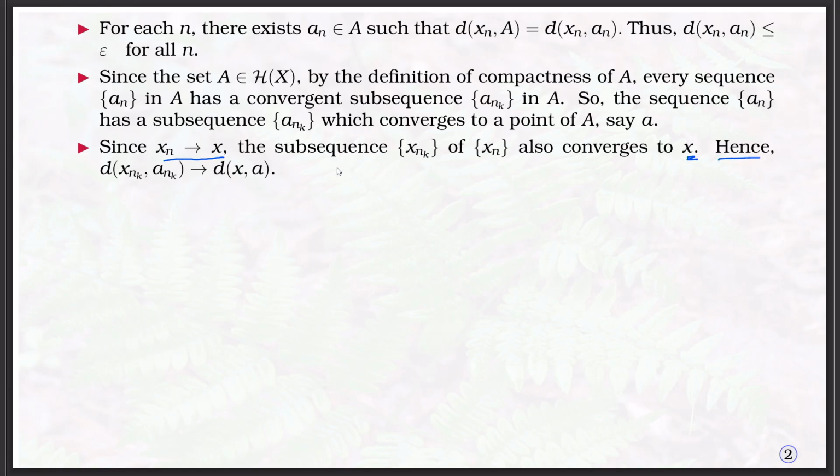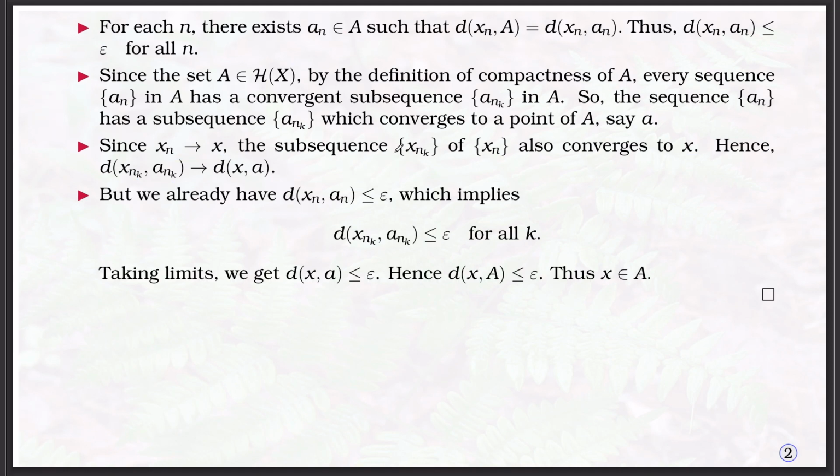Hence, if a sequence xn converges to x, any subsequence of the sequence also converges to the same limit. Hence, the distance between xnk and ank tends to the distance between x and a.